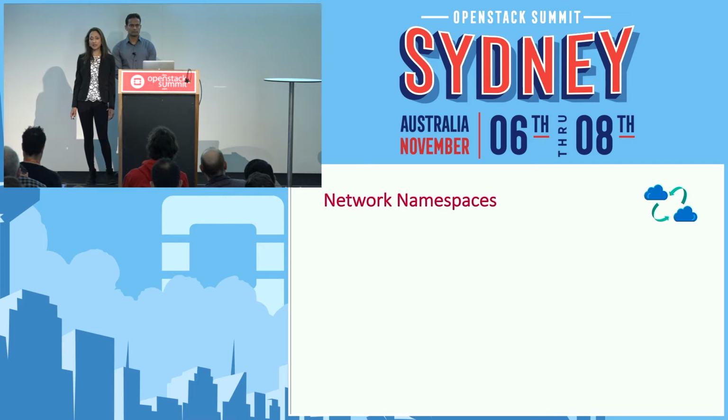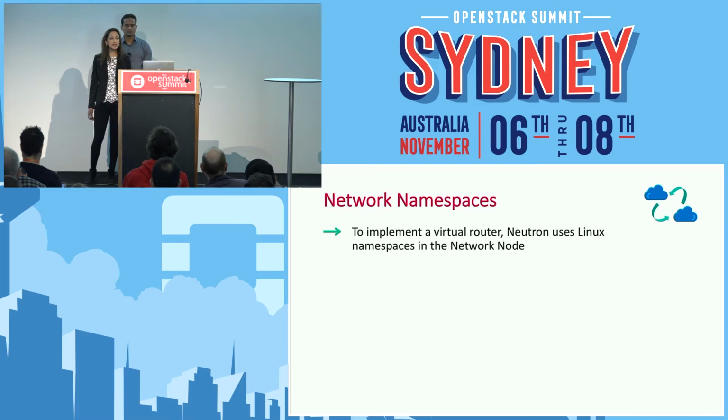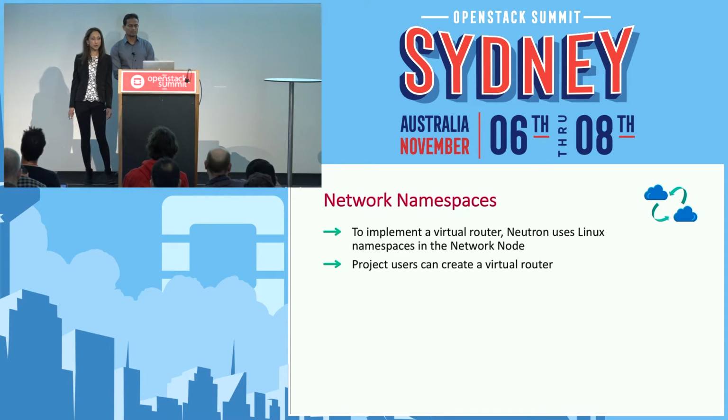Network namespaces. So it's network namespaces that make virtual routers possible. To implement a virtual router, Neutron makes use of Linux namespaces at the network node. Project users can create their own virtual router.